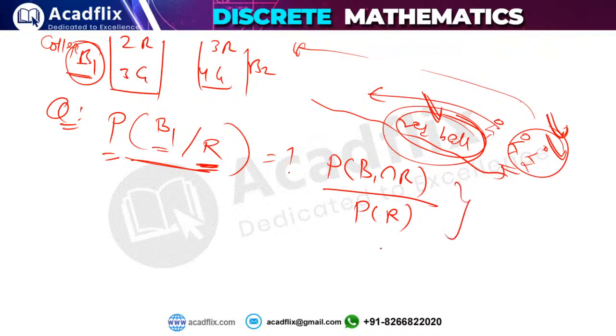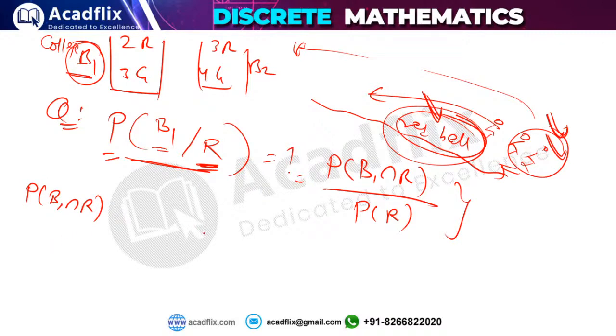I have done nothing else. So now first we will find what is B1 intersection R, the probability of B1 intersection R.